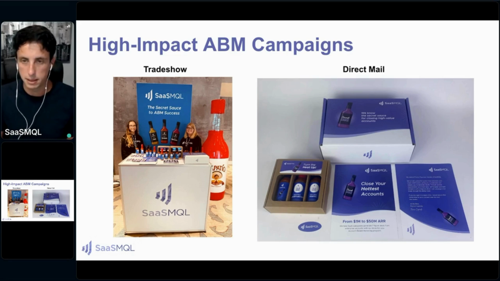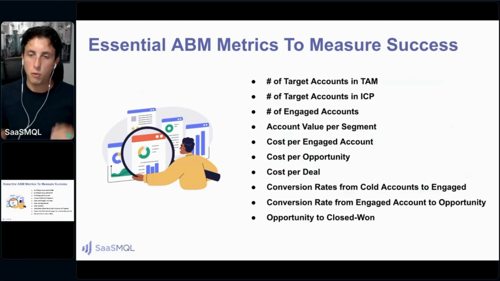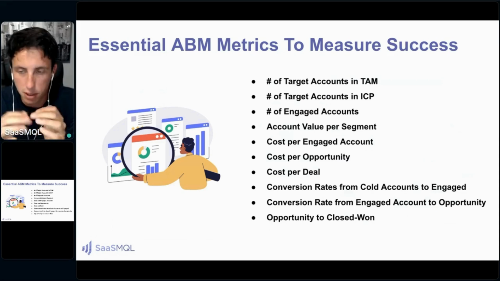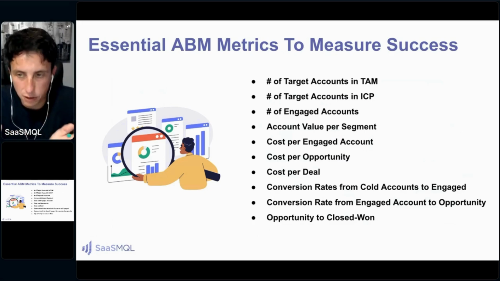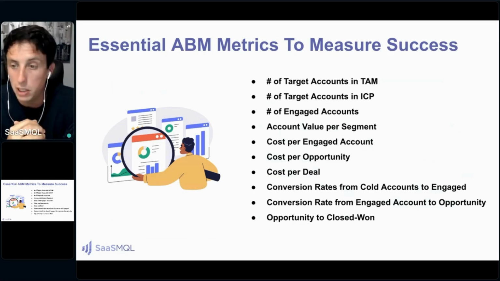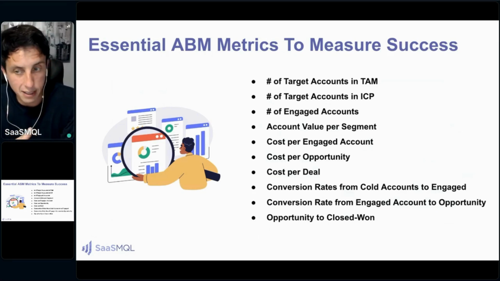and new customers. So what are the metrics you want to measure for each campaign? First of all, you want to know what is your total number of accounts in your TAM that you could potentially sell to, and what is the total number of accounts in your ICP. That should be a number that you absolutely know. Is that 500? Is it 4,000? Is it 3,500?